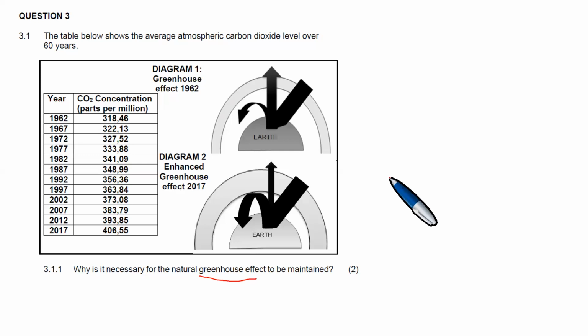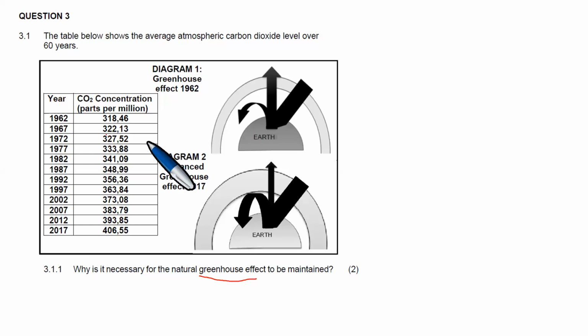Let's look at the table below, which shows the average atmospheric carbon dioxide level over 60 years. In 1962, the carbon dioxide concentration was 318,46 parts per million. In 1967, it was 322,13 parts per million.